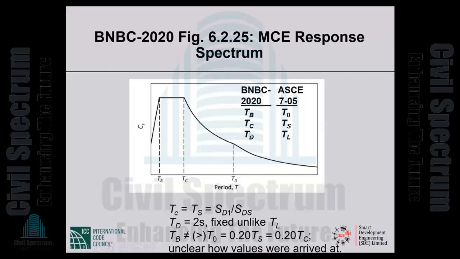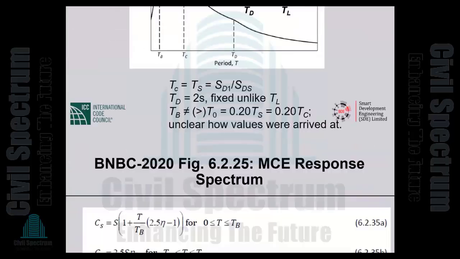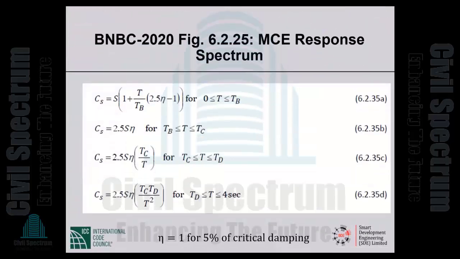How the T sub B values were arrived at, I do not quite know, but I did want to show you this correspondence. T sub C is identically equal to T sub S. T sub D has a fixed value of 2.0 seconds. T sub B values are given. They are not equal to 20% of T sub C. They are always larger, and I do not know how the values were arrived at. Okay.